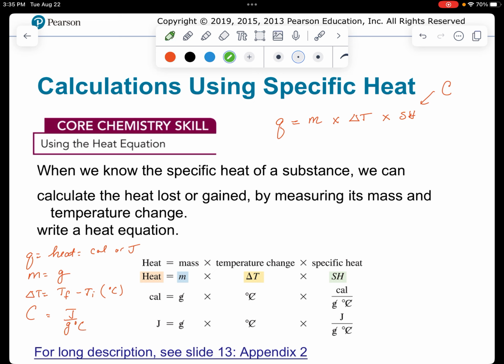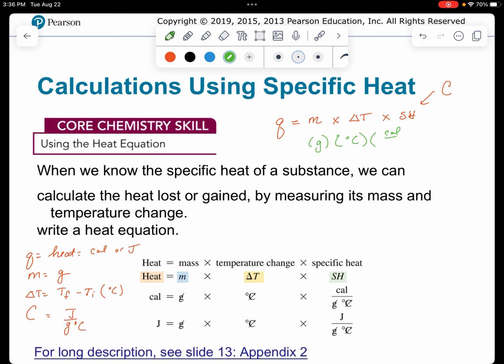So if I put in all the units, I'm going to put in grams for mass, degrees C for the change in temperature, because 90 degrees C minus 60 degrees C gives you 30 degrees C, and the units are degrees Celsius. And then the units for specific heat, I can pick either calories or joules, but I just have to be consistent.